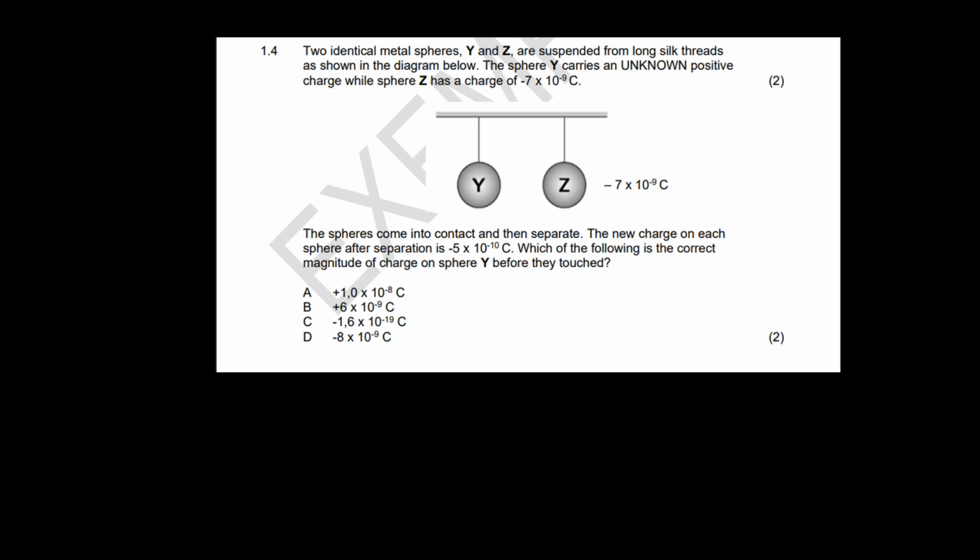The spheres come into contact and then separate. The new charge on each sphere after separation is negative 5 multiplied by 10 raised to the power of minus 10 coulombs. Which of the following is the correct magnitude of charge on sphere Y before they touch?